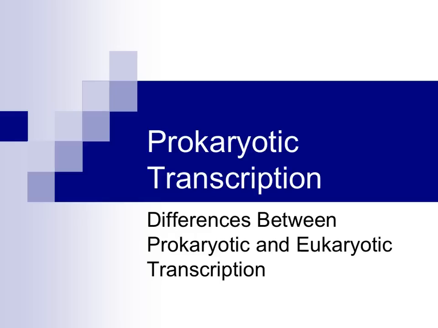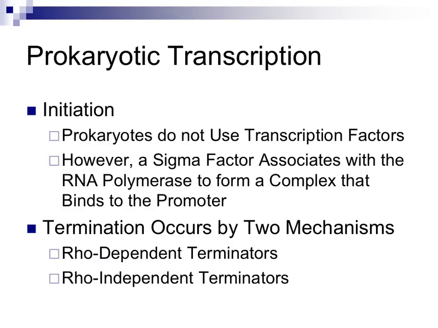We've been previously talking about eukaryotic transcription. What about prokaryotic transcription? What are the differences between prokaryotic and eukaryotic transcription? Well, there are a lot of similarities, so thankfully there are not a lot of differences that we have to go through, but for initiation there are a few.